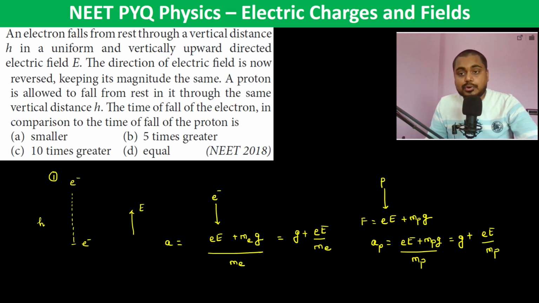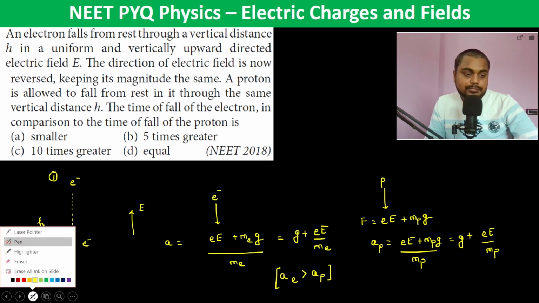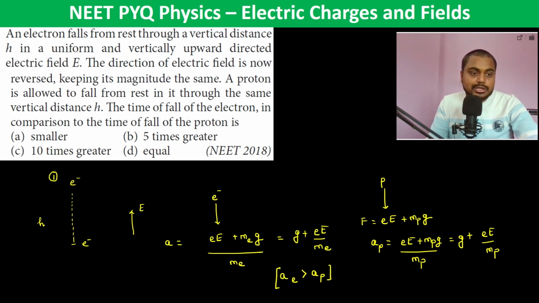Because the mass of the proton is higher, the acceleration of the electron is going to be greater than the acceleration of the proton. So the time of fall of the electron in comparison to the time of fall of the proton is going to be lesser. So among the options there is only one which is smaller, which is A.